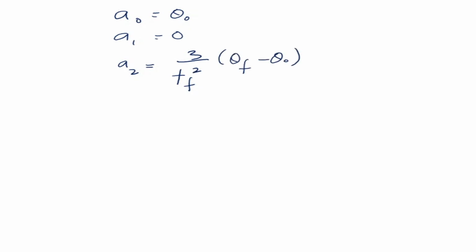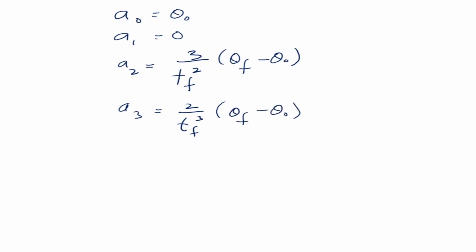The required solutions are: a0 is equal to theta naught and a1 is equal to 0. Then, solving those equations 5 and 6, we get a2 equal to 3 by tf squared times (theta f minus theta naught), and a3 equal to 2 by tf cubed times (theta f minus theta naught).